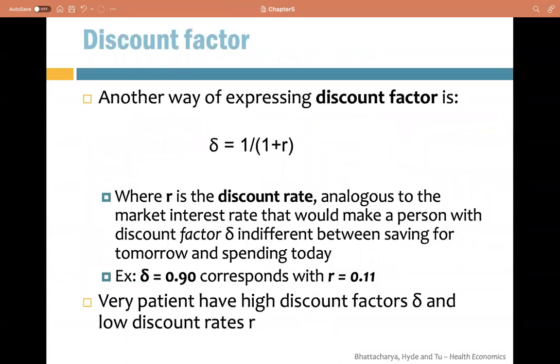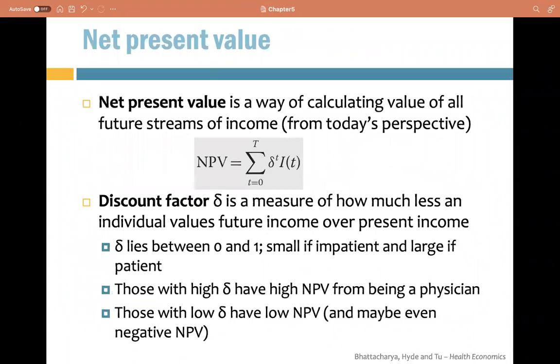So how do we measure that? How do we measure this time preference, or this level of patience of a person? Here we first introduce the concept called net present value.